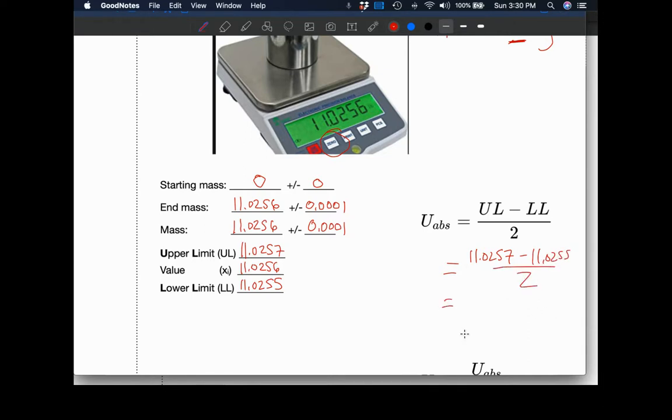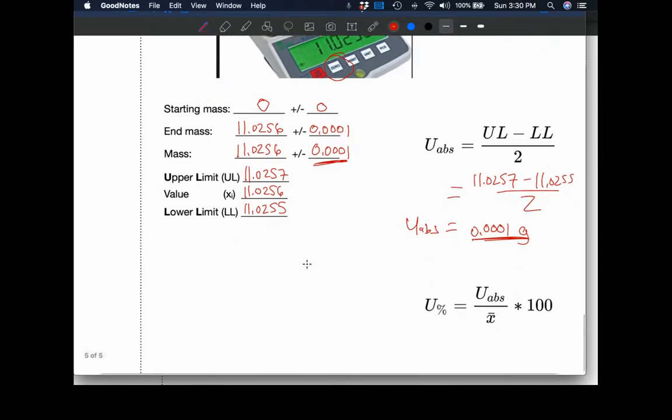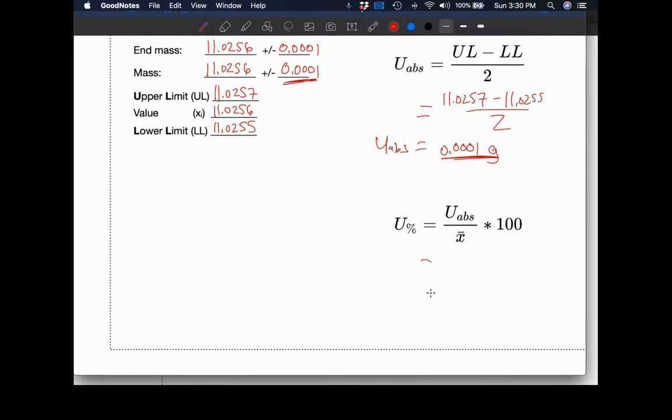And lo and behold, we get 0.0001 grams. So you'll notice here that the absolute uncertainty is equal to the reading error when you're only having to judge it once.